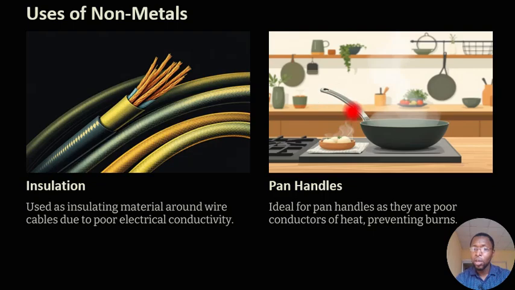This handle here is made up of an insulator, a material from non-metal. So it's ideal for the handles of pots, frying pans, and any other cooking utensil we use in the kitchen, because they are poor conductors of heat, so that it will prevent our hands being burnt.